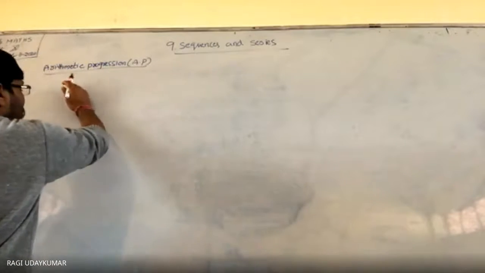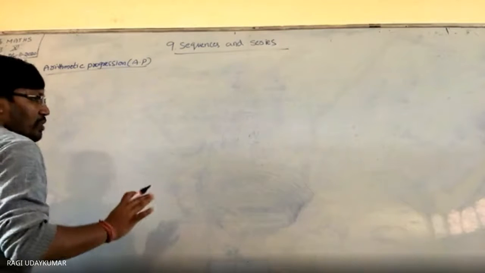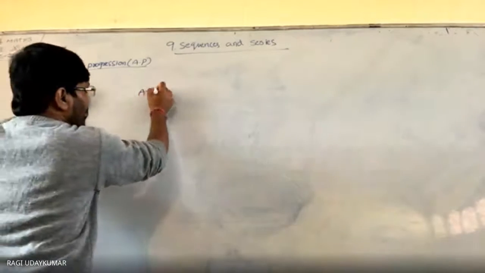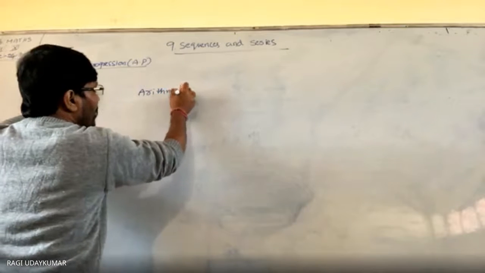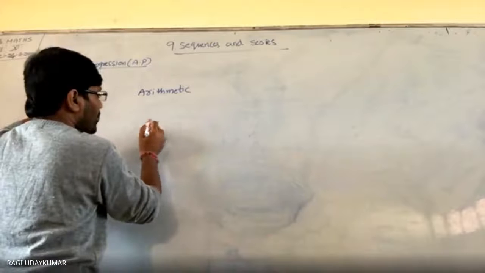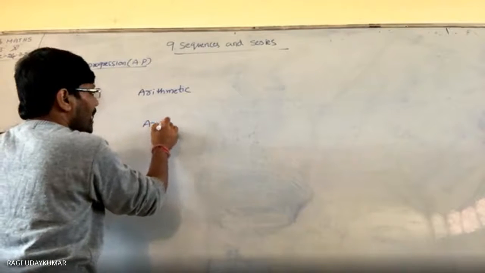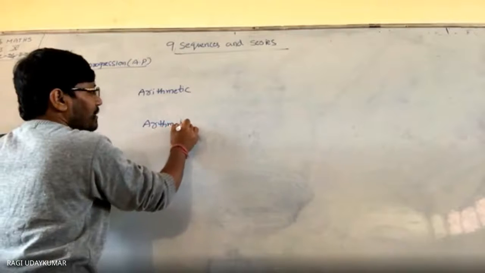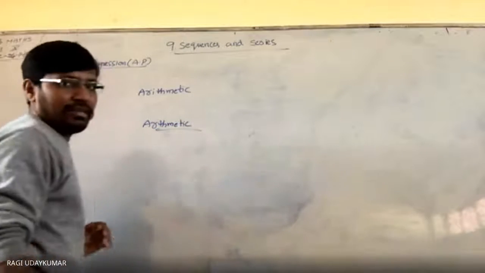So please do remember the spelling of arithmetic. Most of the students will make mistakes in the spelling. Most of the students skip the R and I sounds when writing.